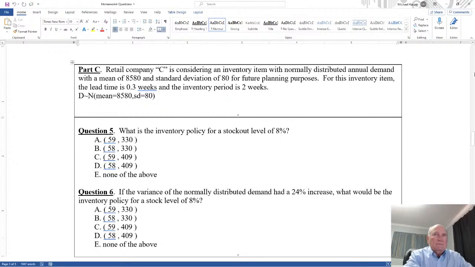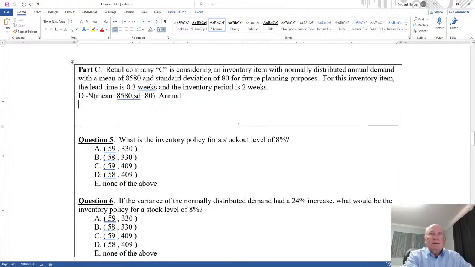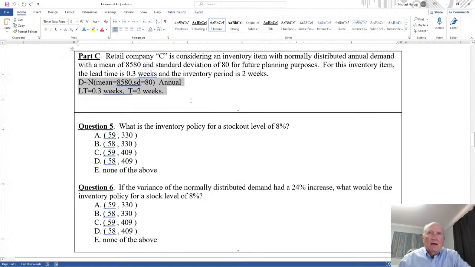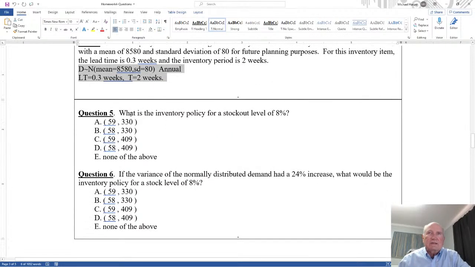And these are annual, so per year. Then we have the lead time equals 0.3 weeks, and the inventory period equals 2 weeks. So that's the header information. Down here, what is the inventory policy for stock level 8%?